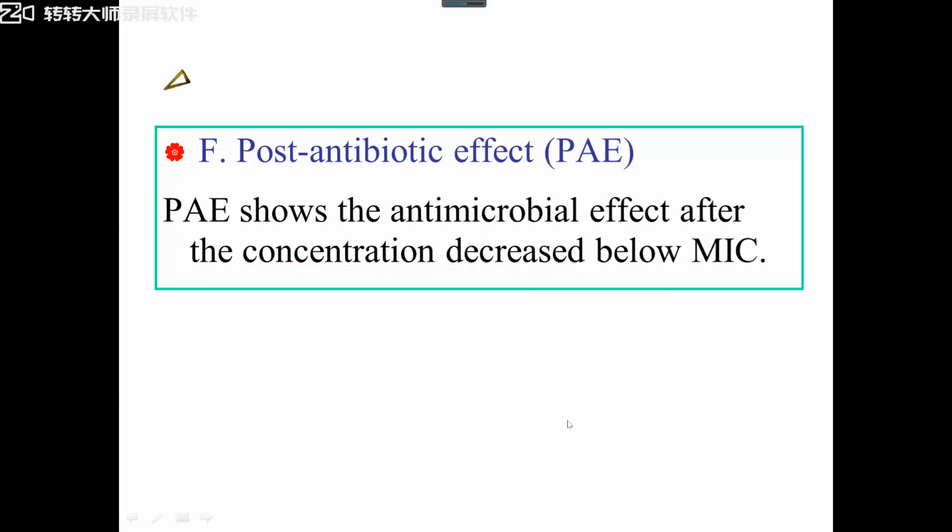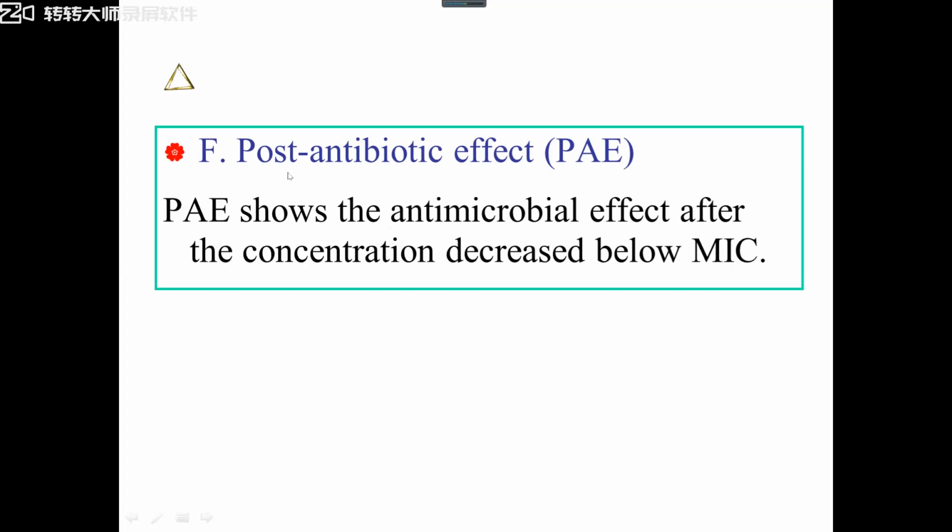The last one is PAE, post-antibiotic effect. PAE shows the antimicrobial effect after the concentration decreases below MIC. Let's explain the meaning of post-antibiotic effect. It means that after we use the drug and then withdraw it, and the drug's concentration is below MIC, this drug can still kill or inhibit bacterial growth in the body.